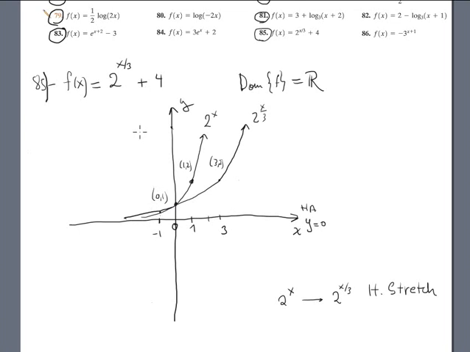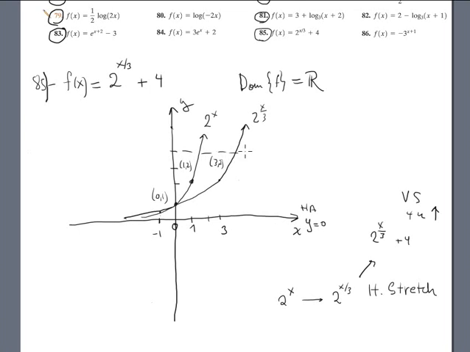Now finally plus 4. 2 to the x over 3 plus 4 is a typical vertical shift of 4 units up. So 2, 3, and 4.